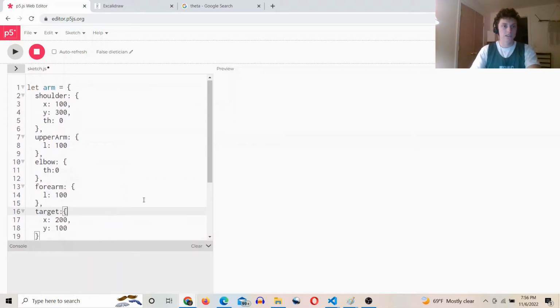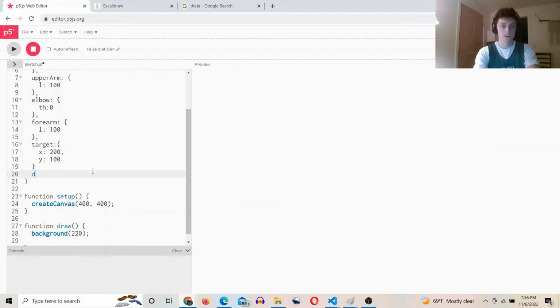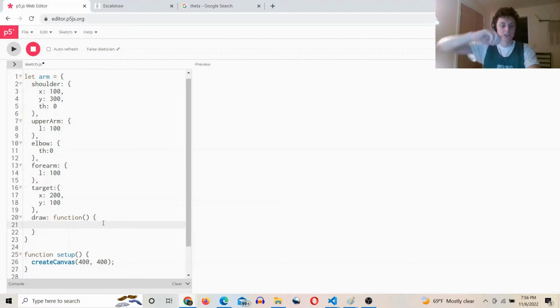So then down here, actually I'll make a draw function. So we'll say draw will be a function. I want to draw a circle at the shoulder, the elbow, and the hand.